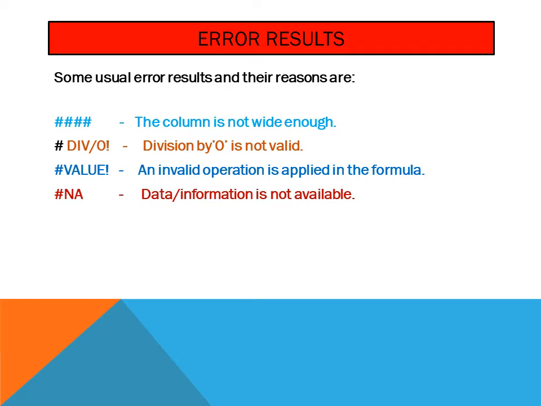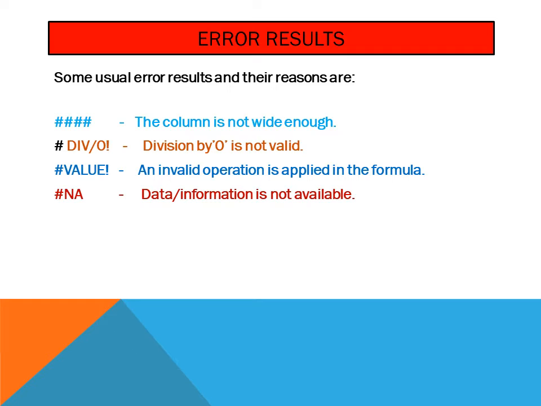Hash DIV by 0 exclamatory. So it suggests to us division by 0 is not valid. You might have already learned even in your maths that division by 0 is not valid. Third, hash VALUE. It suggests an invalid operation is applied in the formula.